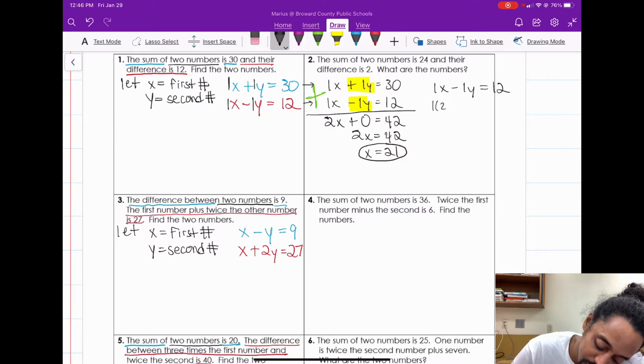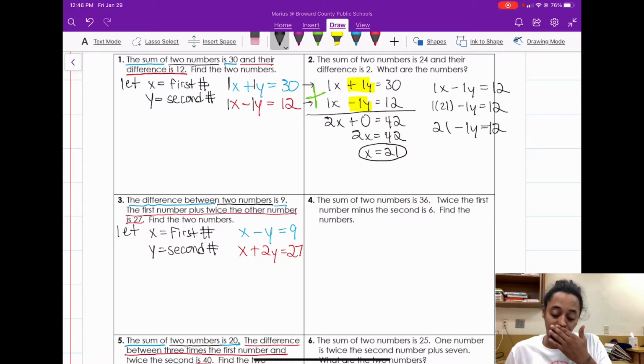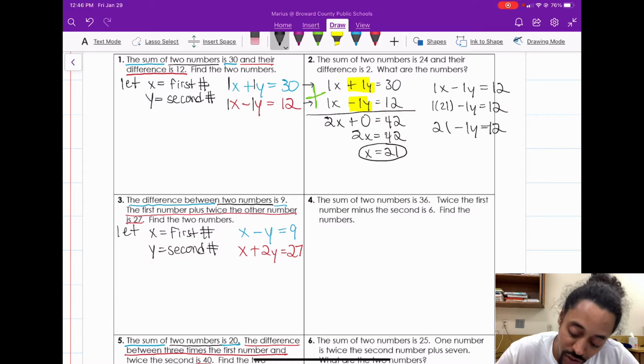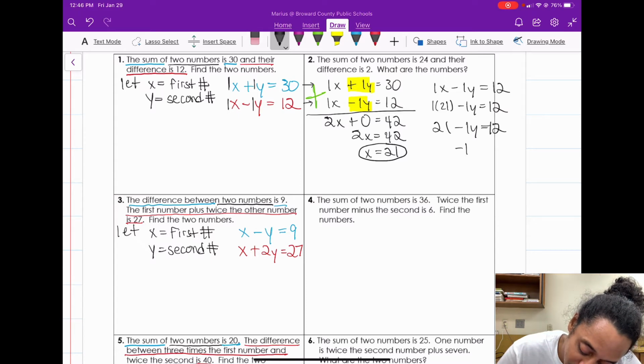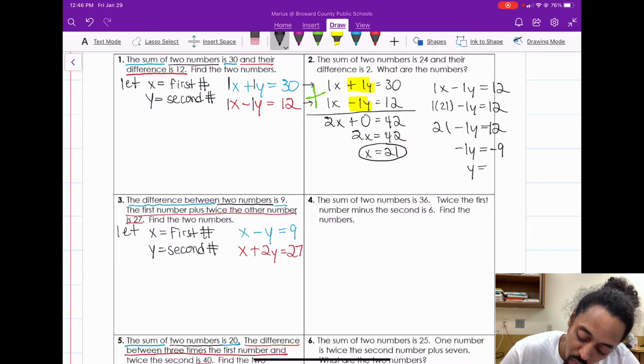That's 1 times 21 minus 1y equals 12, so 21 minus 1y equals 12. Subtract 21 on both sides, and 12 minus 21 is negative 9. So we get negative 1y equals negative 9. Divide both sides by negative 1, and y equals positive 9.